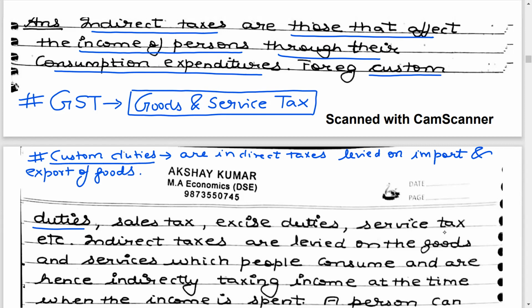So these taxes are levied by the government. Whatever goods we are importing from abroad, or whatever goods we are exporting to the rest of the world, the taxes imposed on them are called custom duties.